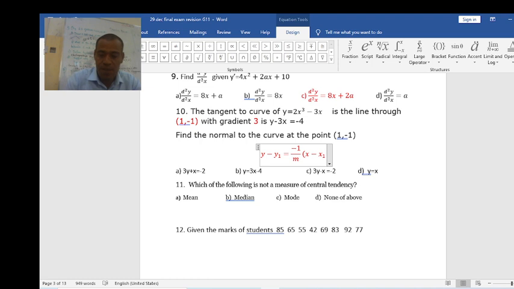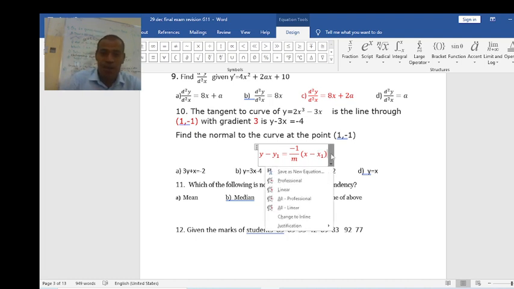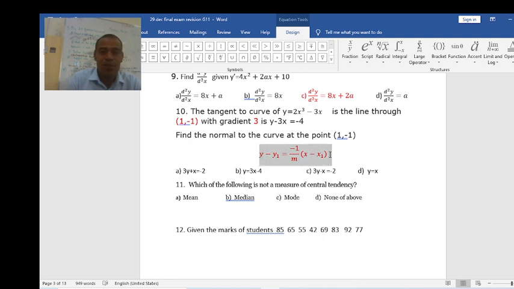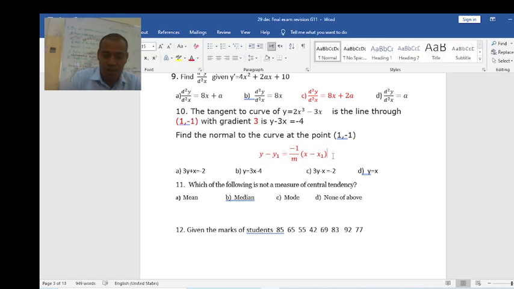Then I should close this parenthesis. So then I will substitute y1 equals minus 1. Then this is the equation of the normal.